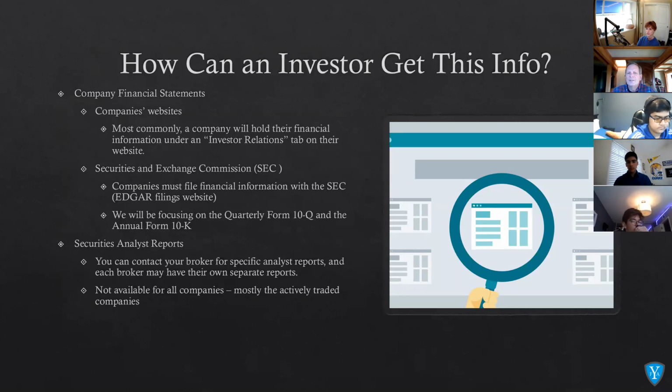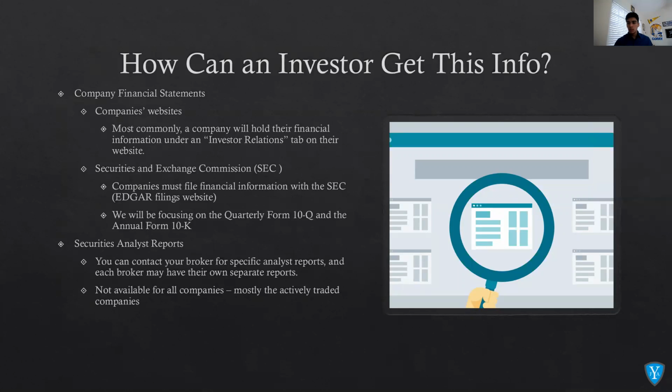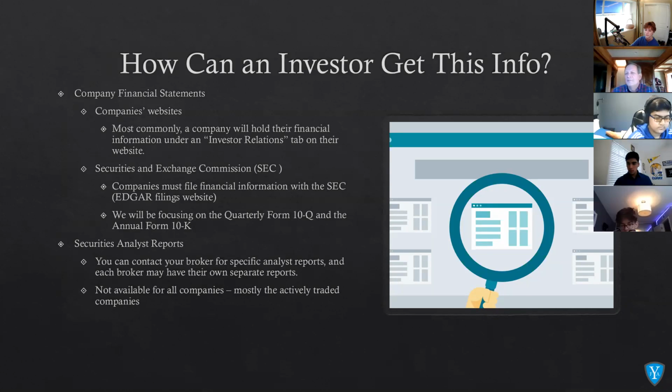Oftentimes, securities analyst reports are available to those people with accounts online. So to receive the Clorox report here, I just went on to my own account within Citibank. I searched within a section in the webpage for analyst reports, and I found the Clorox Company without any problem.